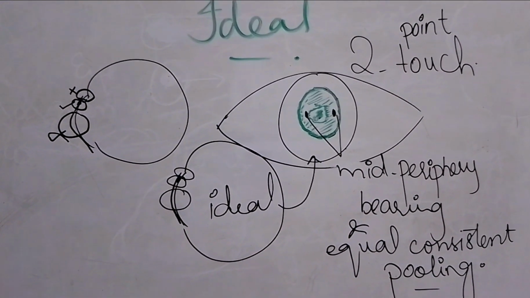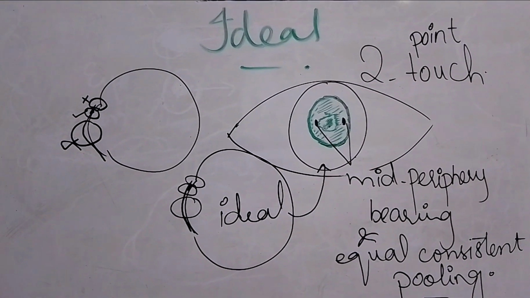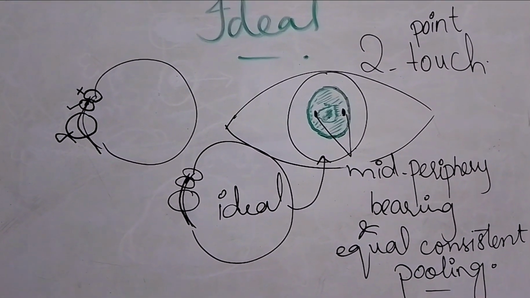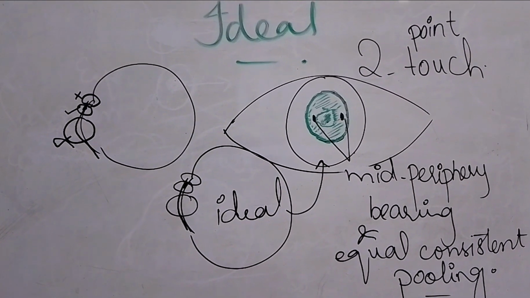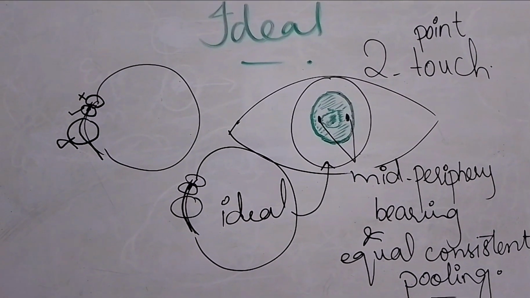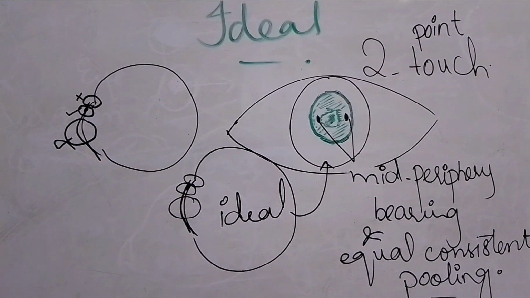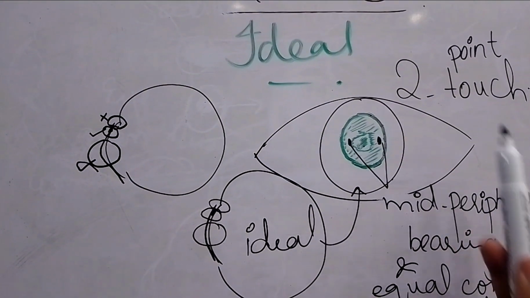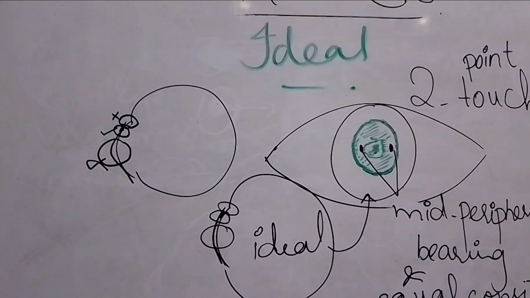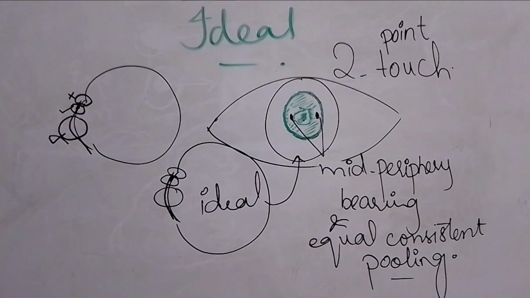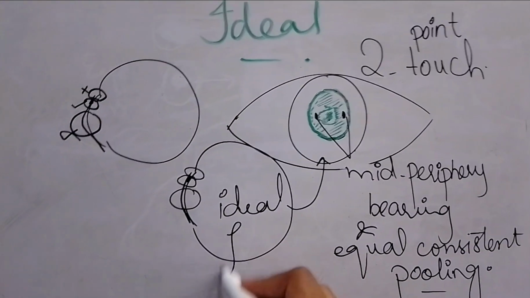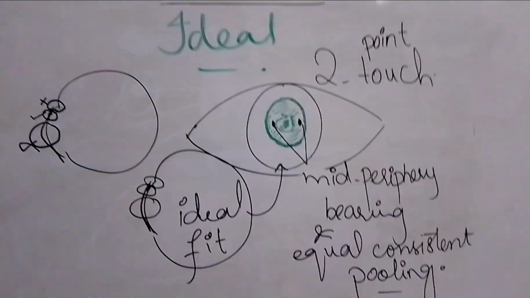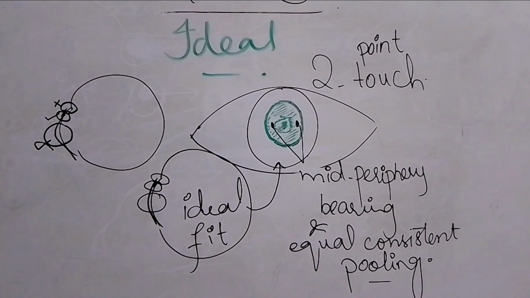The 2 point touch means that the cornea and contact lens are in touch at mid periphery, laterally and temporally, so that the contact lens can be stable. They may not be displaced either to the left or right. So this is all about the ideal fit. Okay, so I hope this is now clear.